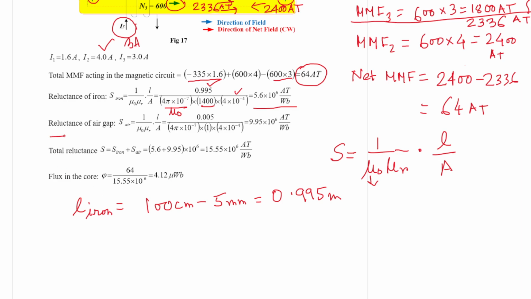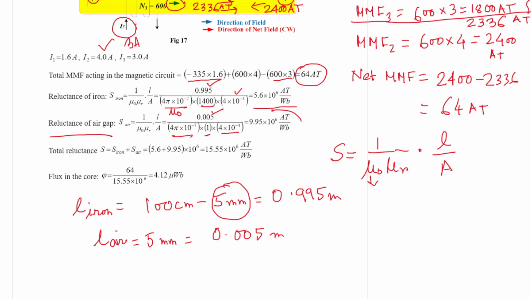Similarly, if you calculate air gap reluctance, it is the same thing, 1 by 4 pi 10 to the power minus 7. Now mu r is 1. The gap is 5 millimeter for air, which is equal to 0.005 meter, and the cross sectional area remains same.